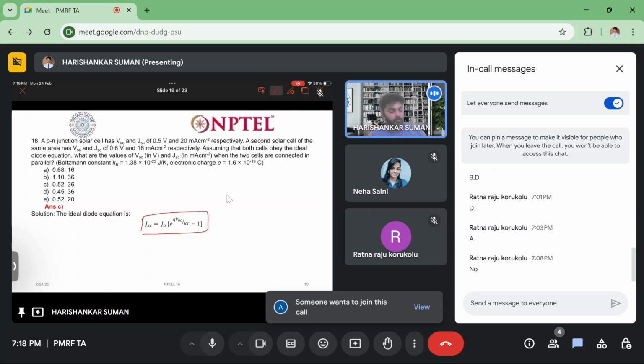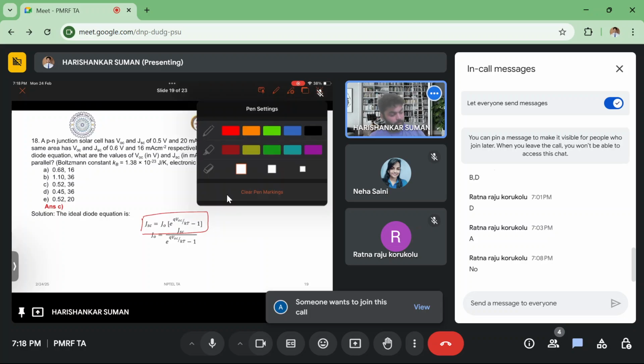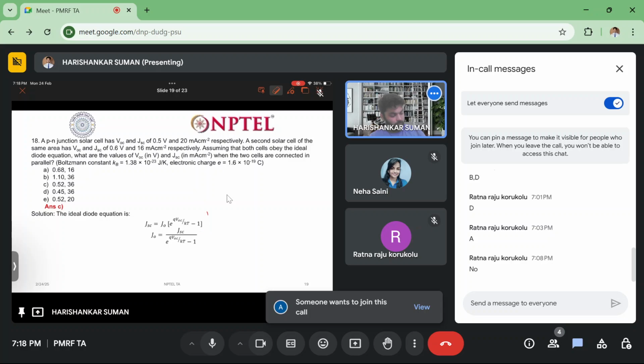J is equal to J naught e to the power qV_OC by kT minus 1. Here we will use m equal to 1, an ideality factor for ideal diode. So change this equation like that for J naught.